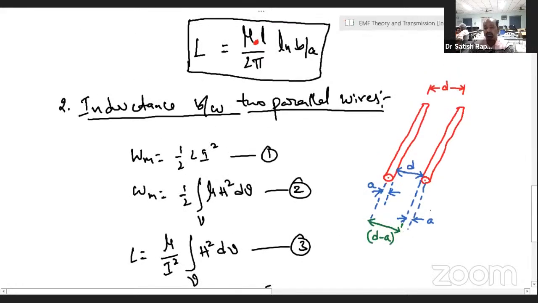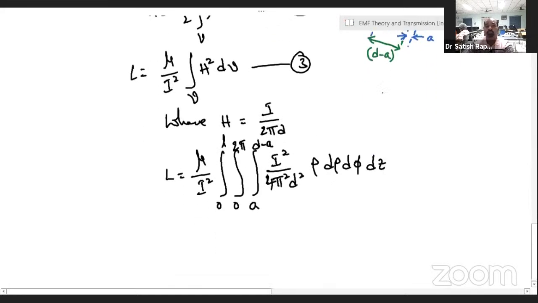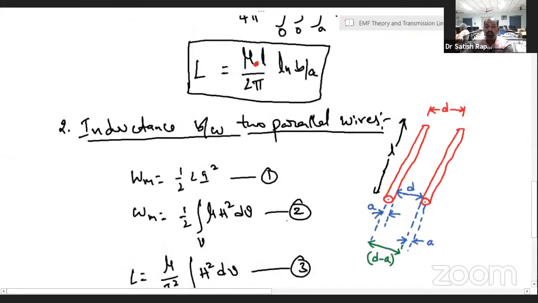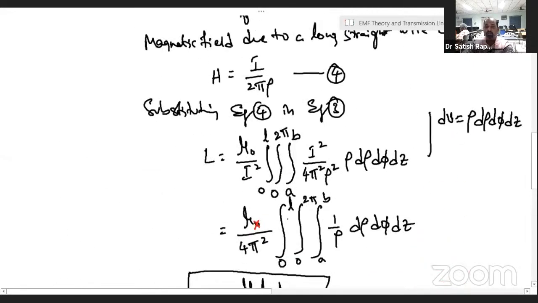The length of the conductor is L here. So these are the limits. I hope you find the difference between the above one and this one.